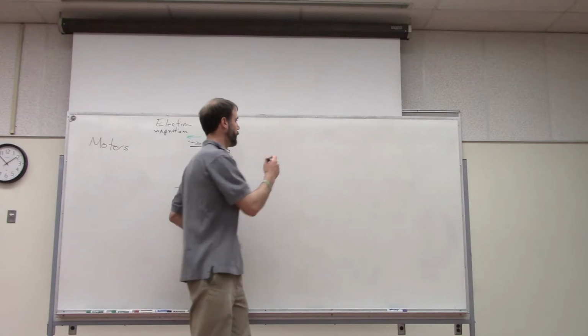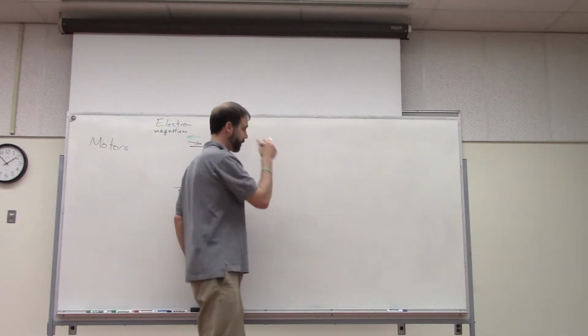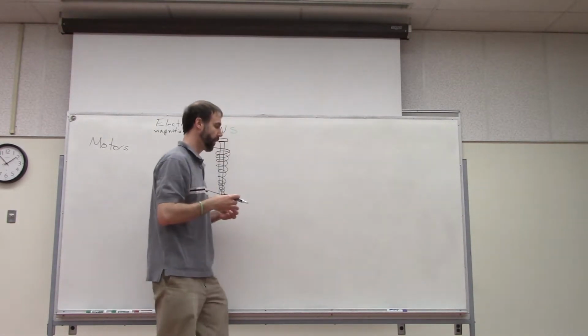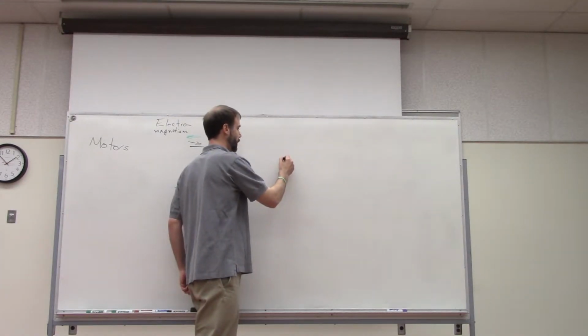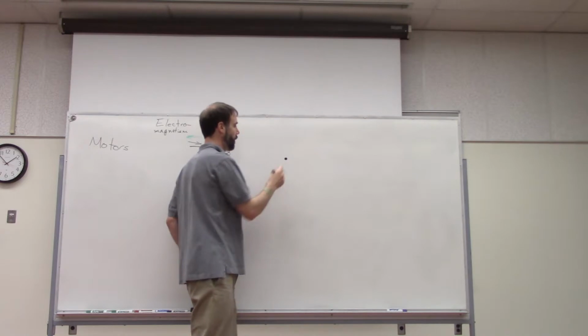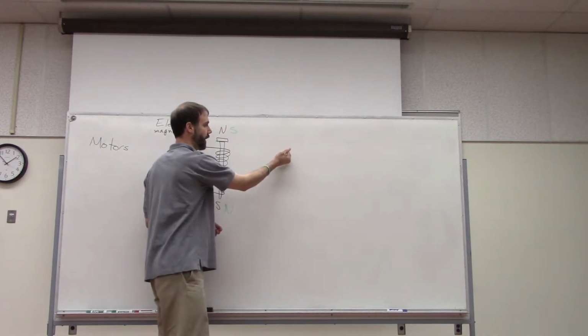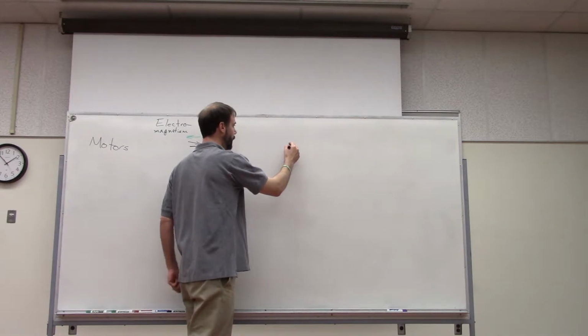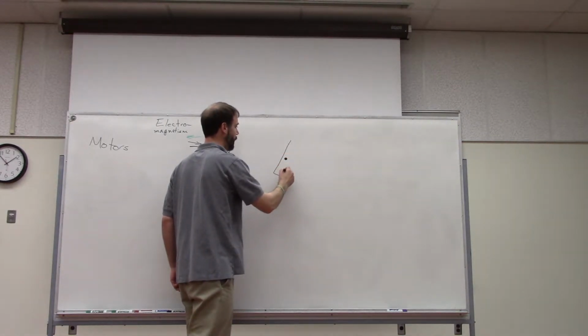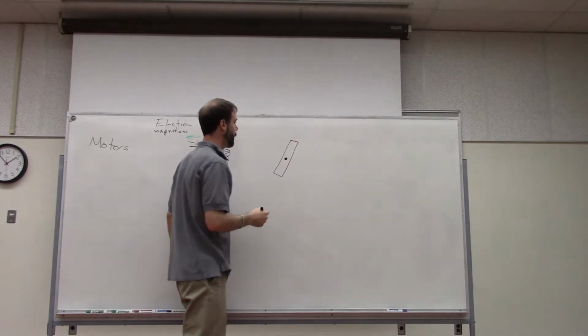So the simplest configuration for an electrical motor would be to have a shaft that's coming out of the board like this, and then have an electromagnet that is sitting on this shaft.